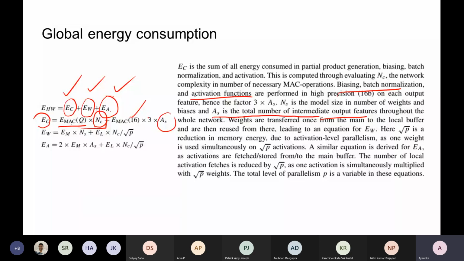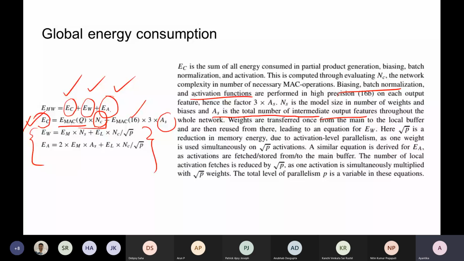Okay, so this part is related directly to our convolution, our batch normalization, our activation functions, and also adding the bias. So this is the main computation-related energy. Other than that, we have these two values. One is related to accessing the weights, and you can see here how many times we are accessing.